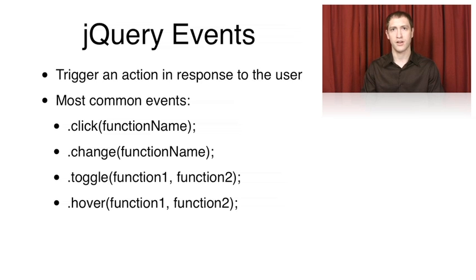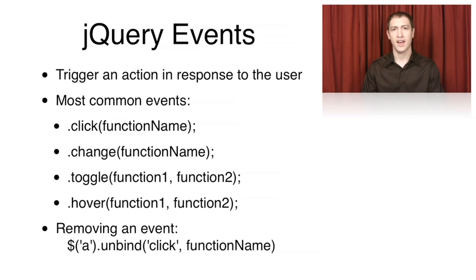Each one of these events takes a function name as its argument. This function is what will actually be executed when the user does this particular action, whether clicking or changing a form element or hovering the mouse over a particular item. Besides adding events, you can also remove events that you've previously bound by using the unbind method.